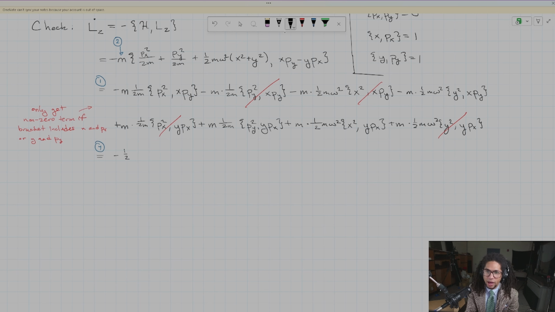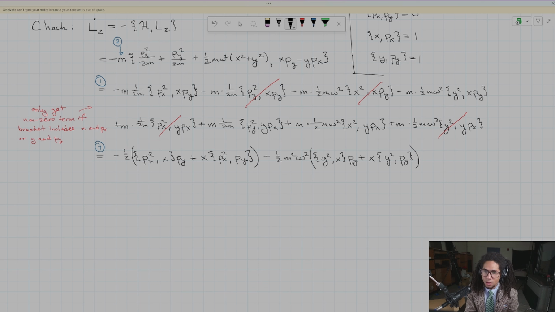Okay, so we'll get minus 1/2 px squared bracket x times py plus x times px squared bracket py. Okay, that'll be one of the 4 terms. Next, we'll have another term at the end here. This one will be minus 1/2 m squared omega squared. Now I'll get y squared bracket x times py, plus x y squared bracket py.